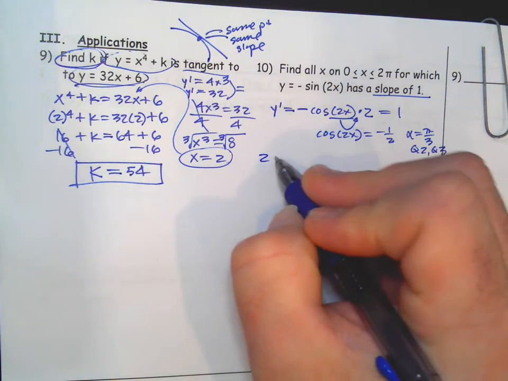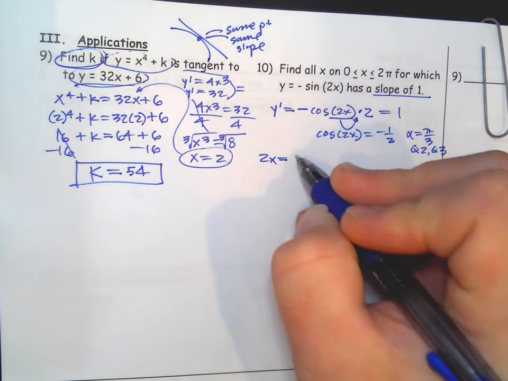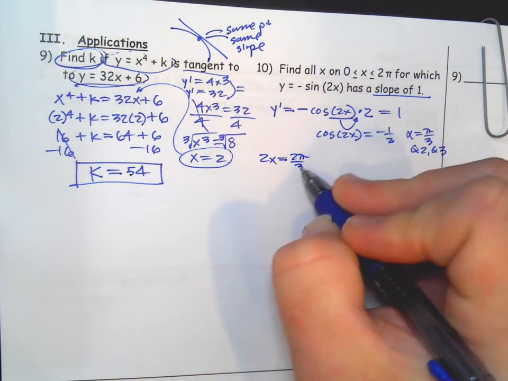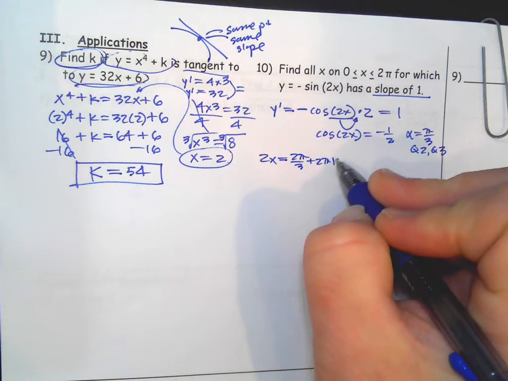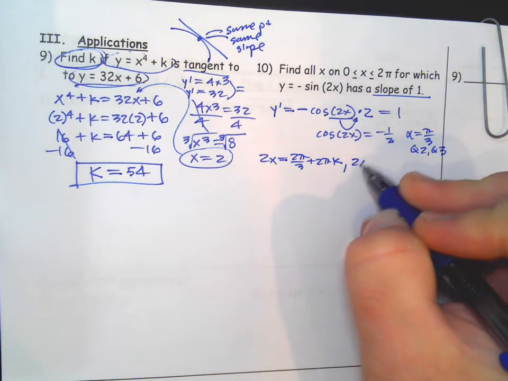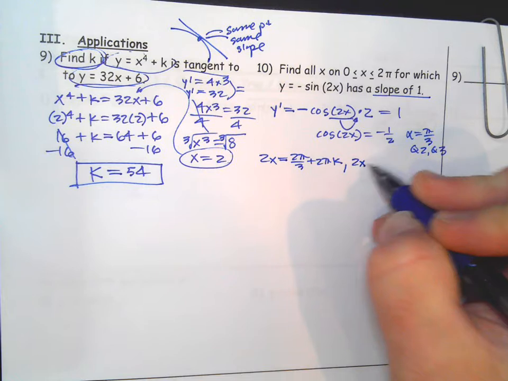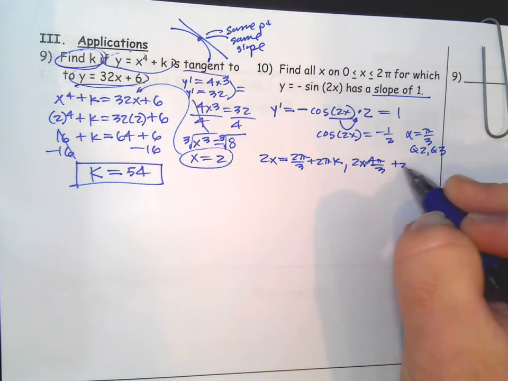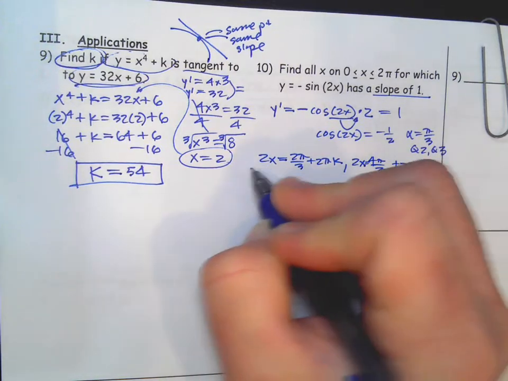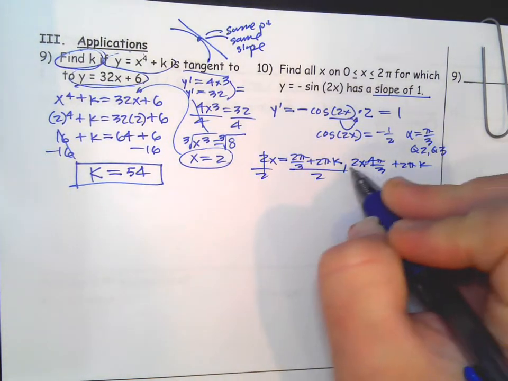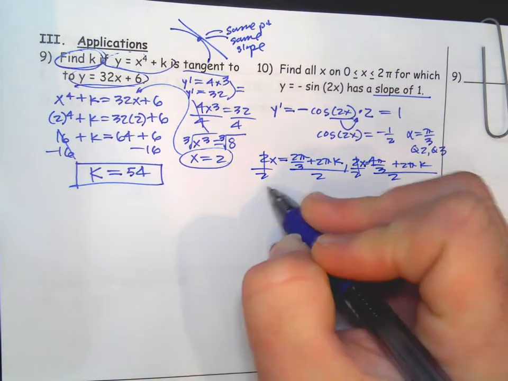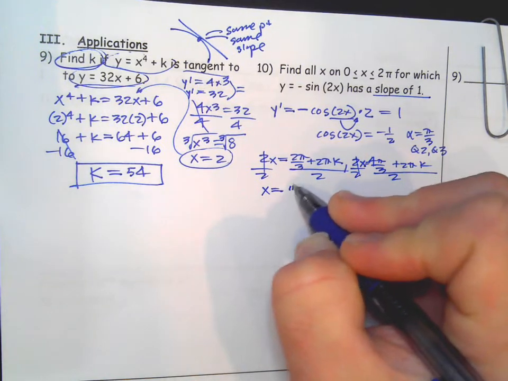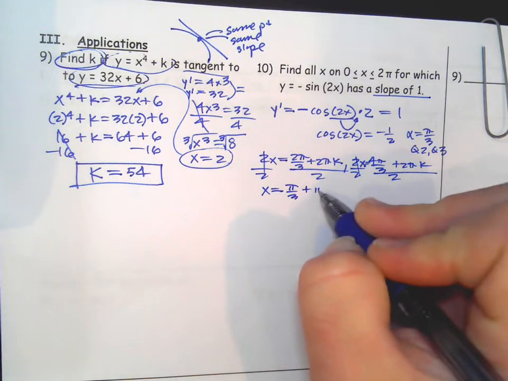So 2x equals, quadrant 2 would be 2 pi over 3 plus 2 pi k. And quadrant 3 would be 4 pi over 3 plus 2 pi k. And then we're going to divide by 2. And we're going to get x equals pi over 3 plus pi k.